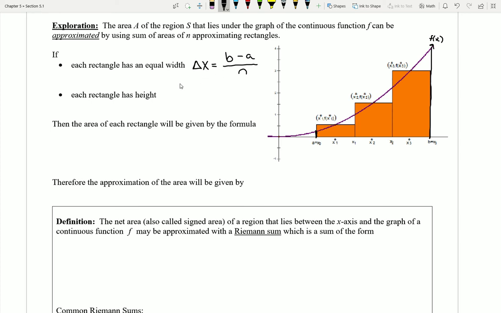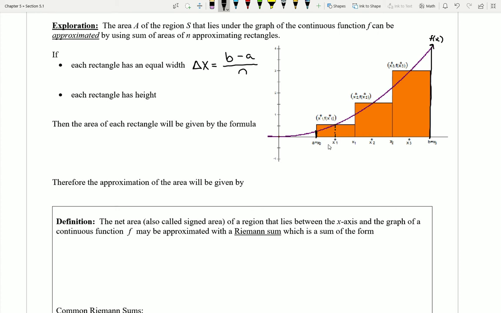Now, if I'm interested in calculating the area of each of these rectangles, I not only need to know their width, but I also need to know how tall the rectangles are. And like we saw in the opening idea, the height of my rectangles will be found by taking a special value of x and plugging it into my function to determine the ultimate height.